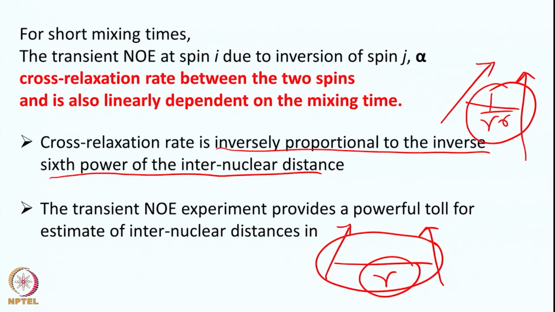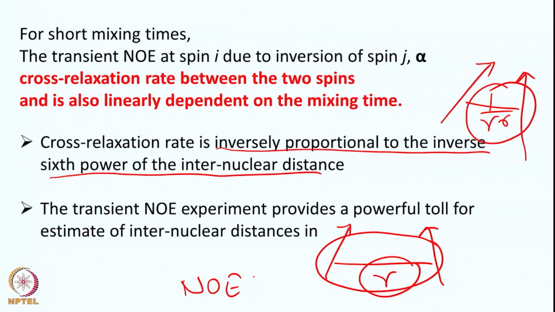This is very important, and it opened a new avenue for measuring the internuclear distance between two spins. That is what was used to develop an experiment called nuclear Overhauser effect spectroscopy, NOESY, and this opened a new avenue in structural biology, because we can measure the distance between two coupled spins with great accuracy.